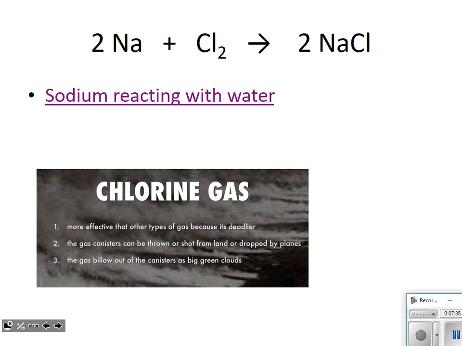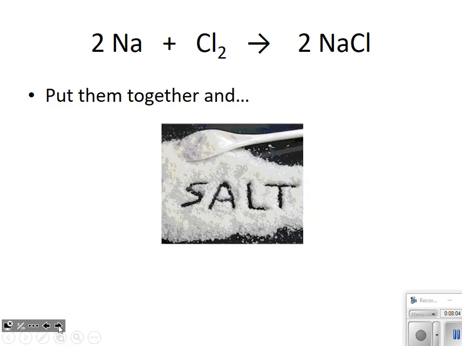So the properties individually are drastically different than the properties together. So just because this has sodium right here and this has chlorine does not mean that the properties are similar to each of the atoms' individual properties. So we put them together, and there we have it, the salt.